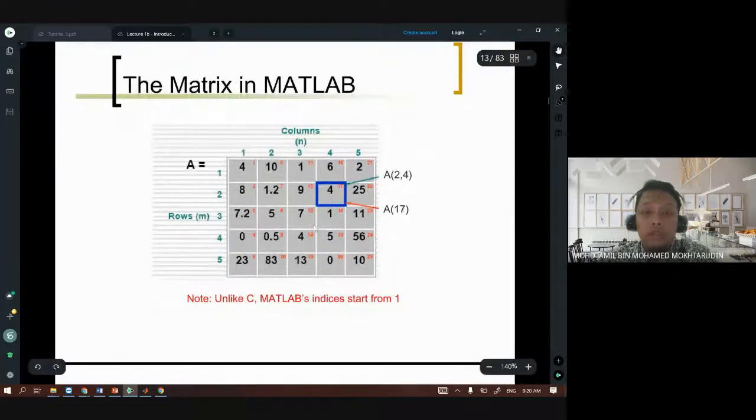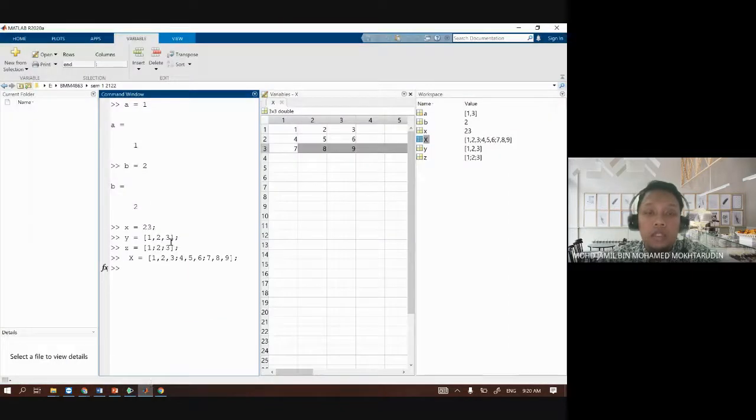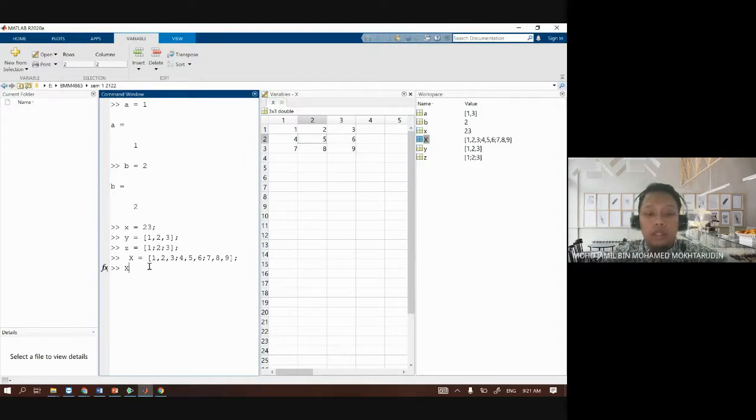Let's say you want to access a number in a matrix. In this example, you want to get the value 5 from variable x. How do you get the value 5? You just write x and give the location.